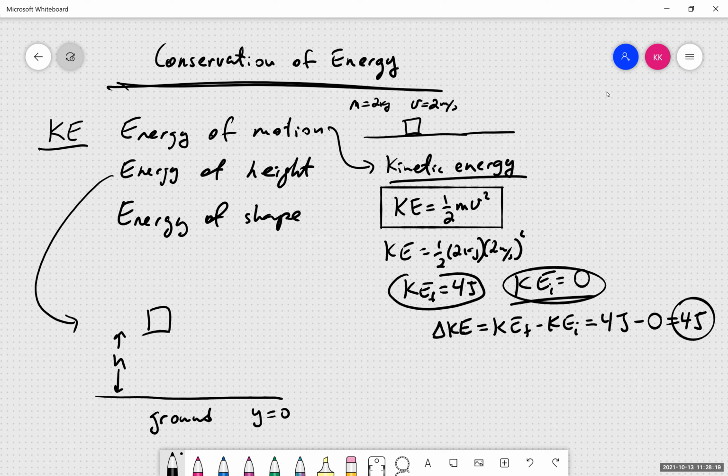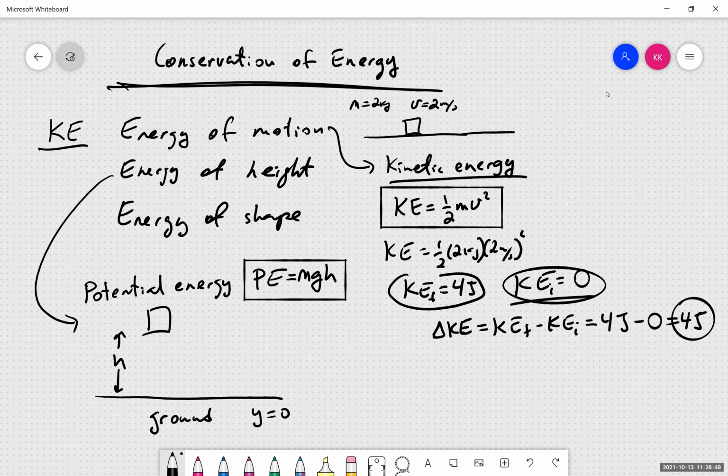Energy of height is known as potential energy, written as PE. And we can define potential energy as the mass of the object times gravitational acceleration, times height. So this is the equation for the potential energy. That means you have potential energy always if there's some height relative to the ground.